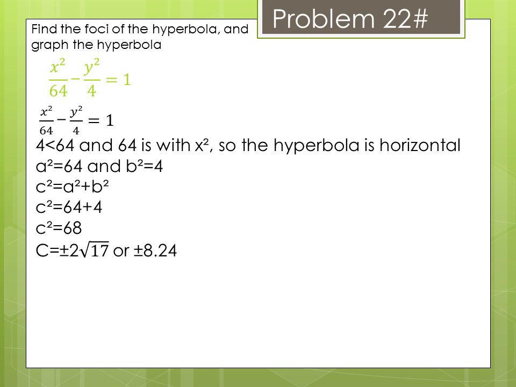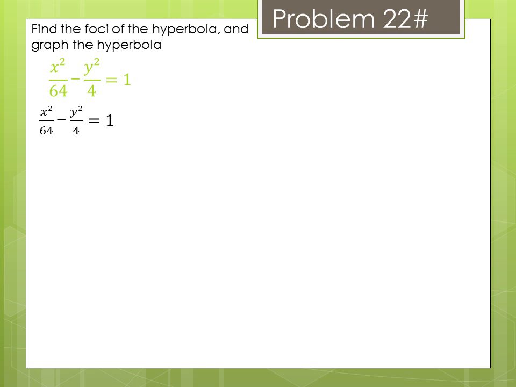If you take the square root of both sides, you get c is equal to plus or minus 2 square root of 17. And then our foci will be plus or minus 2 square root of 17, comma 0. Now we have to graph it.